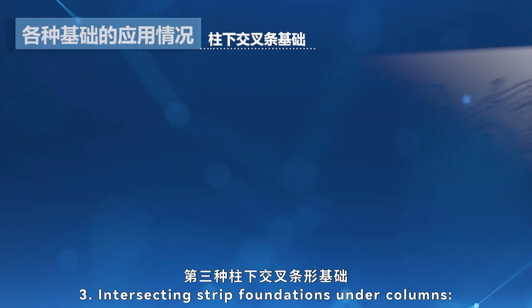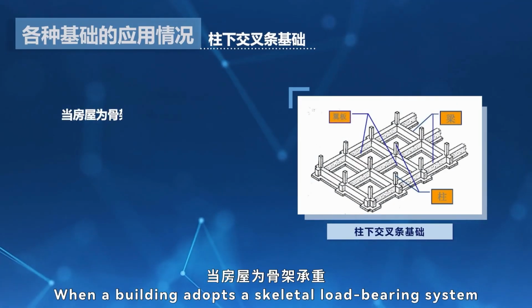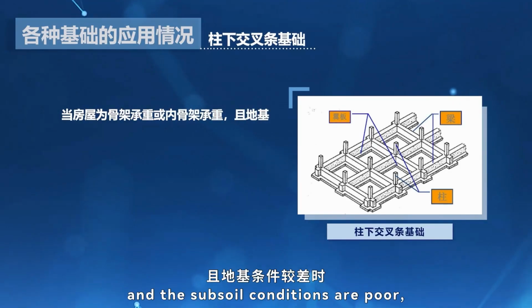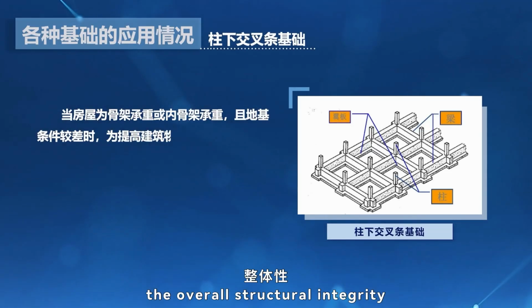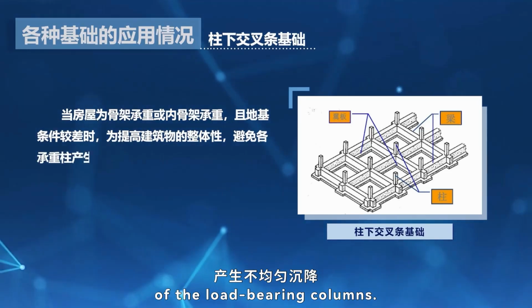3. Intersecting strip foundations under columns. When a building adopts a skeletal load-bearing system or an internal frame load-bearing system, and the subsoil conditions are poor, it is necessary to enhance the overall structural integrity and prevent uneven settlement of the load-bearing columns.